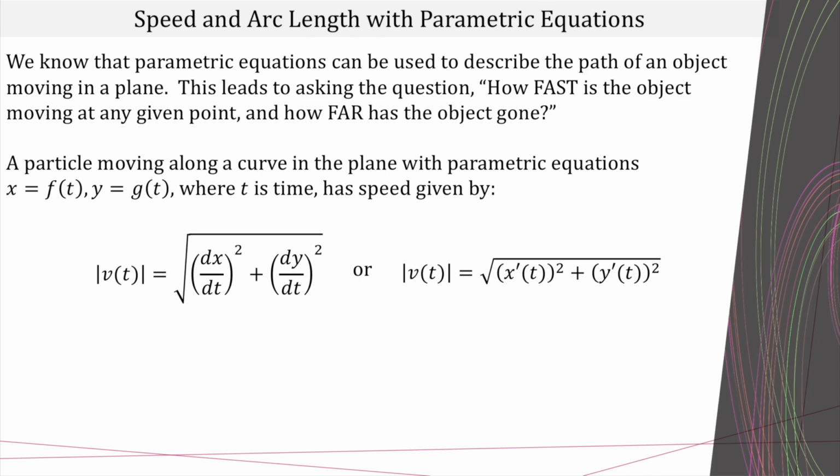We have the derivative of the x component squared plus the derivative of the y component squared, and then add those together and take the square root. It should look a little bit like the distance formula. And on the right, we actually have the same thing: derivative of the x component squared, derivative of the y component squared, add those together and take the square root.